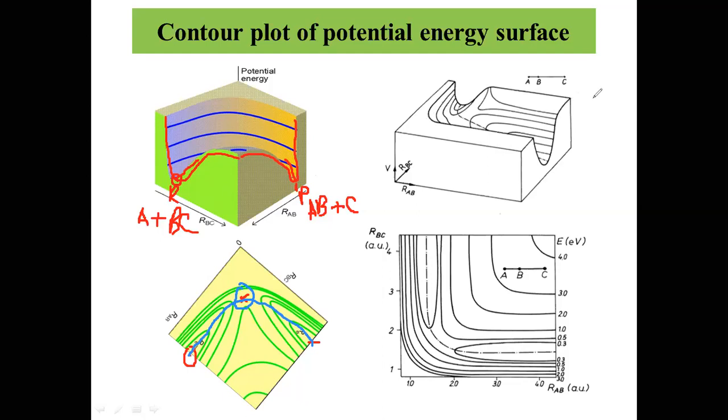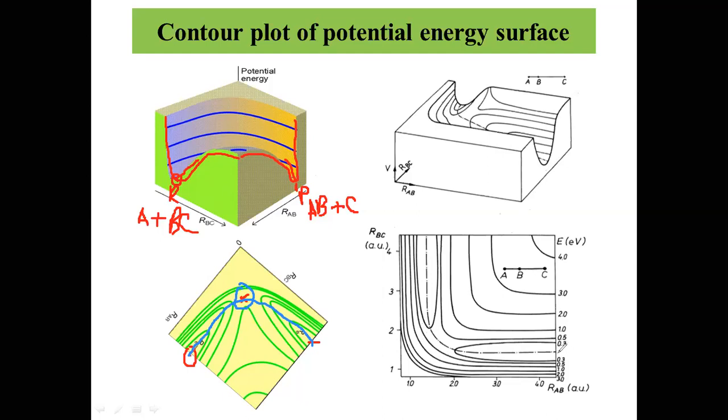Right. Okay. So now if I think about this, where are my reactants and where are my products? Now we are going to have A plus BC, right? So that means BC should be at the equilibrium distance. So this is the BC distance, and the equilibrium distance is somewhere here, right?